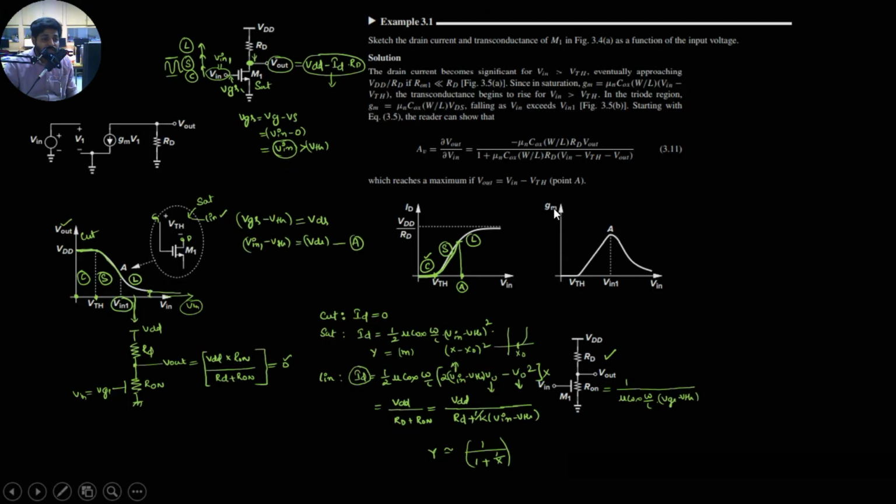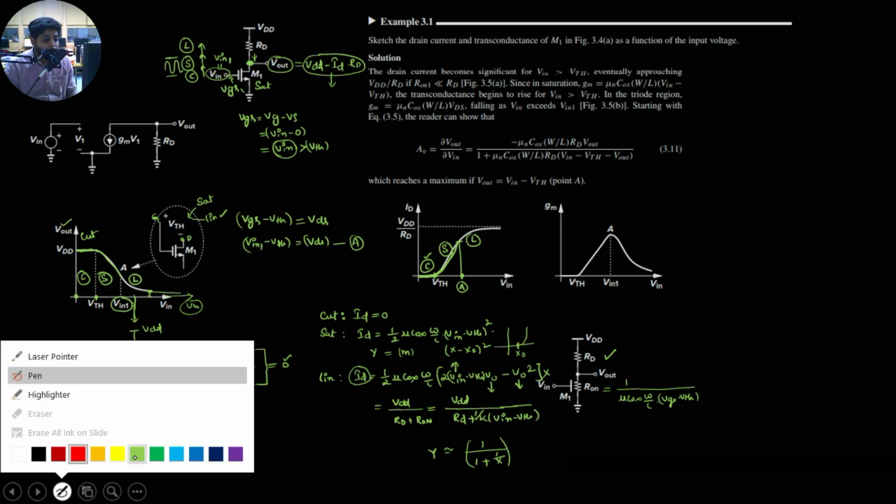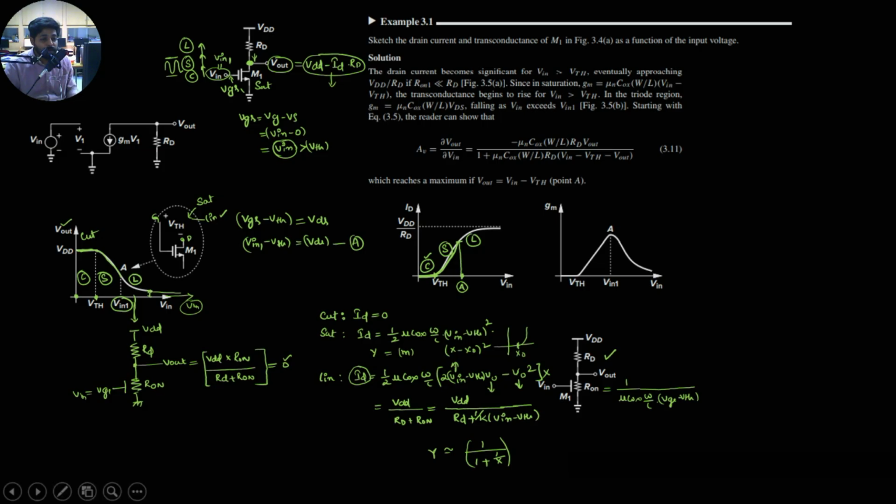In a similar way, we will see the changes of GM with respect to the V input change. GM is the transconductance of the transistor, and in cutoff it is 0. So the conductance is 0 up to VTH because it is in cutoff.